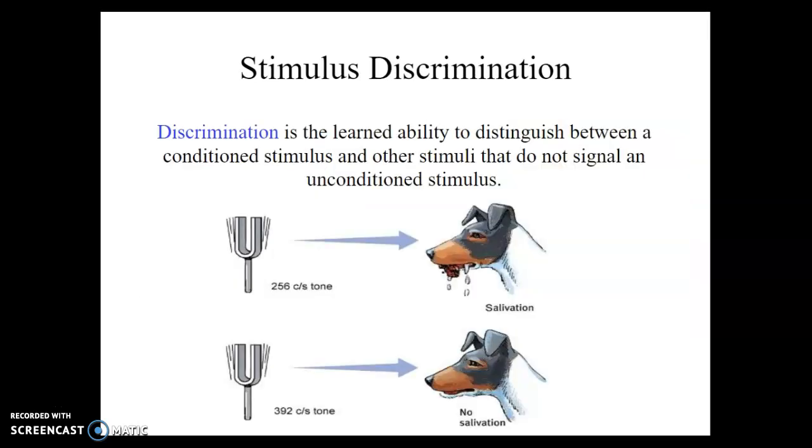That's called stimulus generalization. Stimulus discrimination is the learned ability to distinguish between a conditioned stimulus and other stimuli that do not signal an unconditioned stimulus. So basically, Pavlov was able to teach these dogs it was only certain pitches of tone that would be paired with the food. So therefore, not all tones were created equal, and not all tones produce salivation.